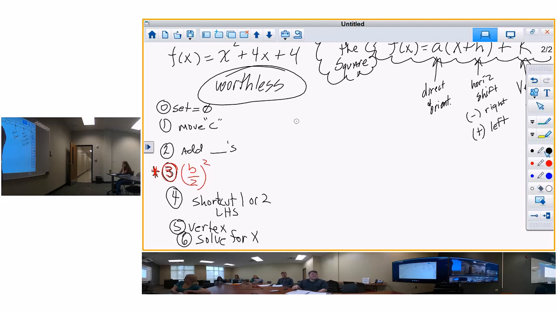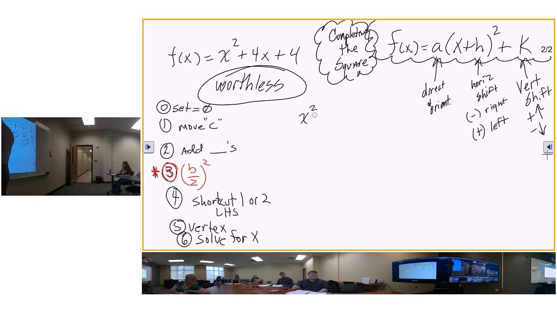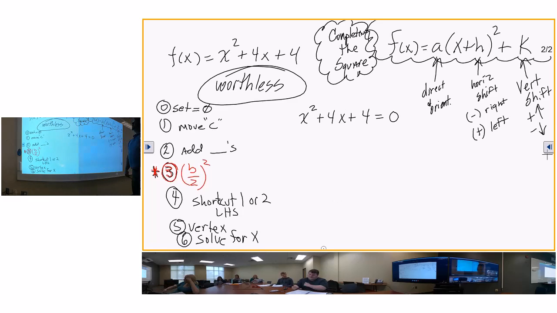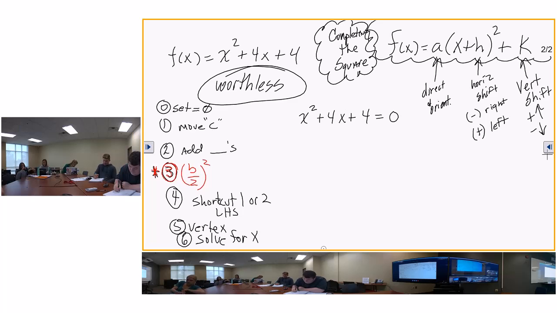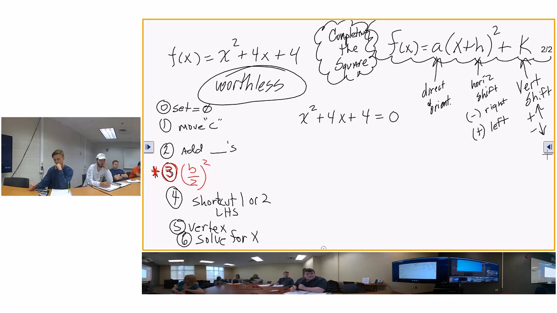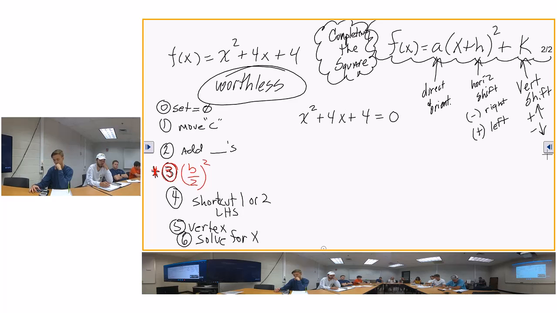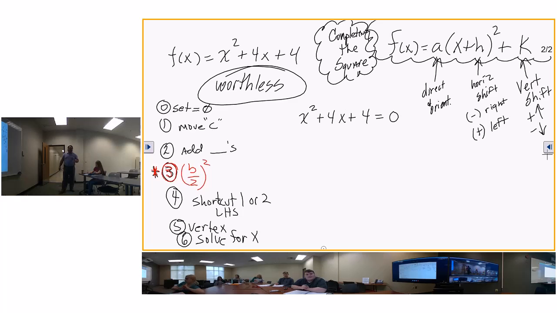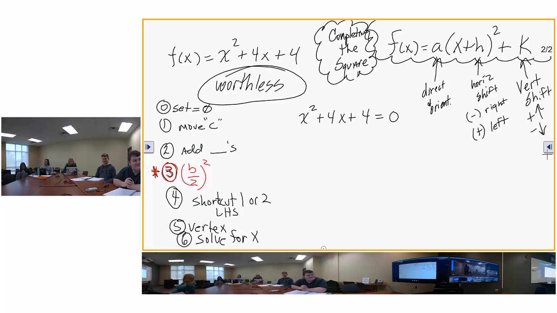All right, x squared plus 4x plus 4 is equal to 0. Now this is the part I love. I tell students, move C. And guess what the first question they ask is? Move it where?